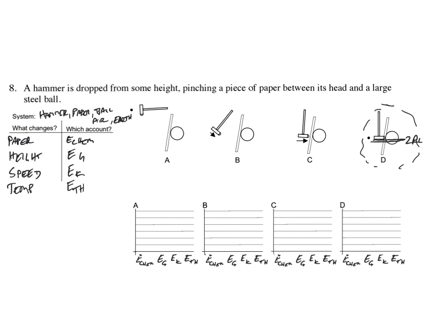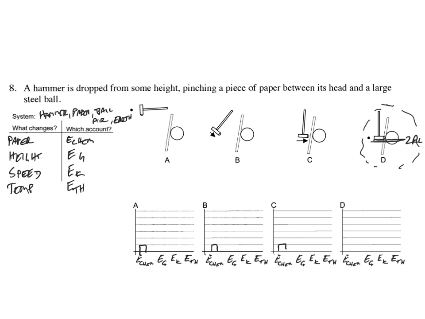There we go. And now we start. Well, we're going to have E-chem in the system at the start with the paper. And then if you think about when does that chemical energy go away, it goes away in that very last snapshot there at D. So at D, we're going to take that E-chem and have it go away.